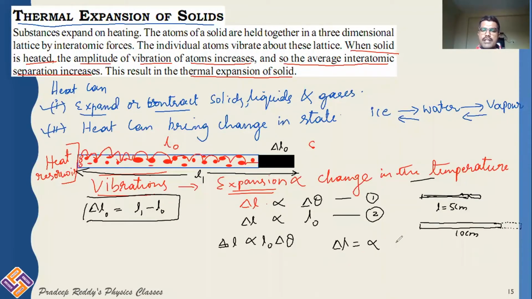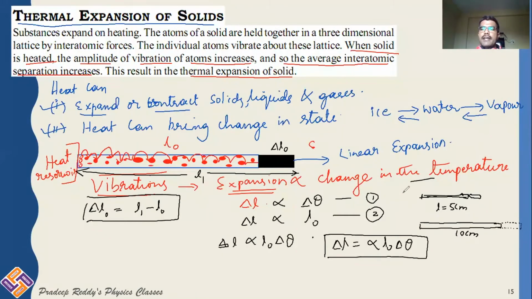I am writing that constant as alpha: delta L is equal to alpha L naught into delta theta, where delta L is the expansion in length. As this is along the length, such expansion taking place along the length is called linear expansion.